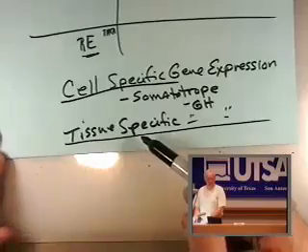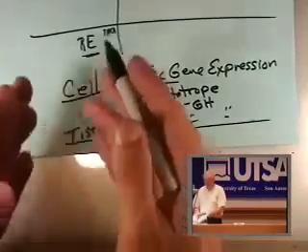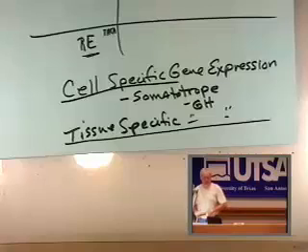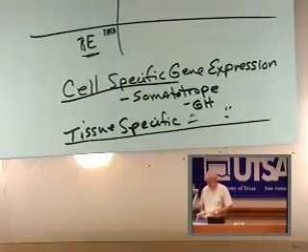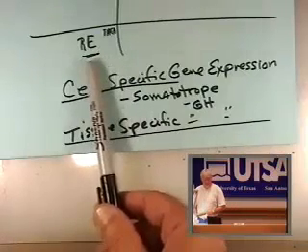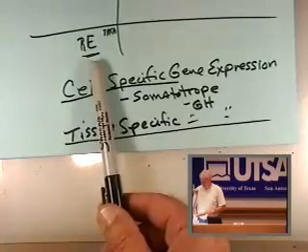Response element tells us that it is a portion of DNA in the promoter region controlling gene expression in response to some change in the cellular environment, internal or external for the cell, internal to the organism, or external to the organism. So a wide variety of stimuli can cause responses at the level of the gene.